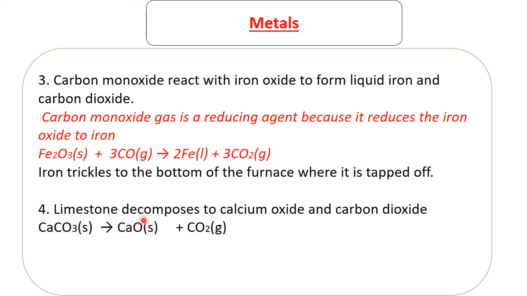So this is what has happened here. The purpose of limestone is to act as a flux. Like I said, a flux is added to increase the fluidity, or the ability to flow, of the molten iron. But in essence, it reacts with impurities, removing the impurities from the molten iron.